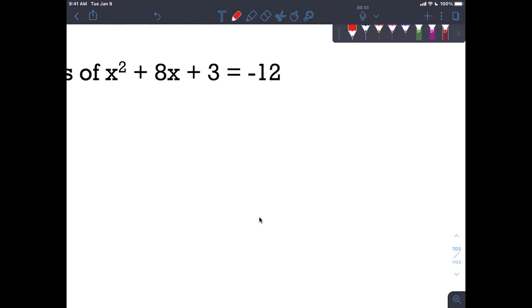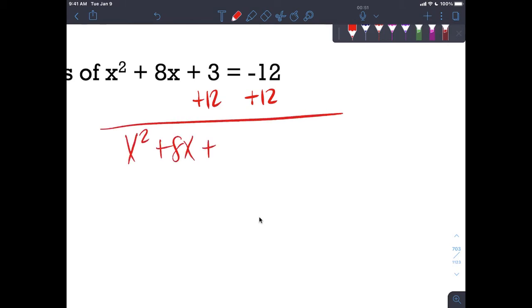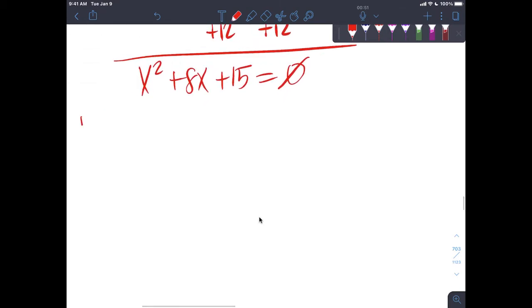So first thing I want to do is I notice this is not equal to 0. So I'm going to go ahead and get that 12 moved over. And I'm good. Now I can go ahead and take a look at this and start with my factoring process. So first thing I'm going to do is multiply a times c, 1 times 15.